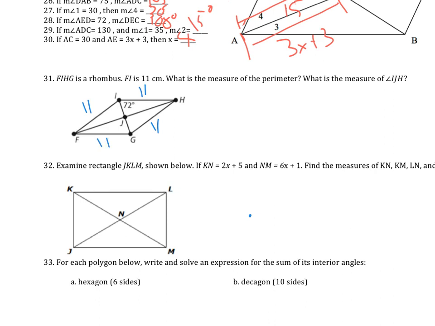So then our perimeter would be 44 centimeters. Then the measure of IJH. Hey, we also know diagonals of a rhombus intersect how? In a rhombus, the diagonals intersect at 90-degree angles. They're perpendicular, so the measure of IJH is 90 degrees.